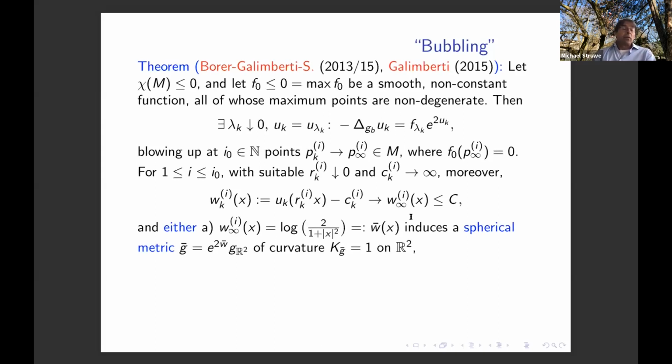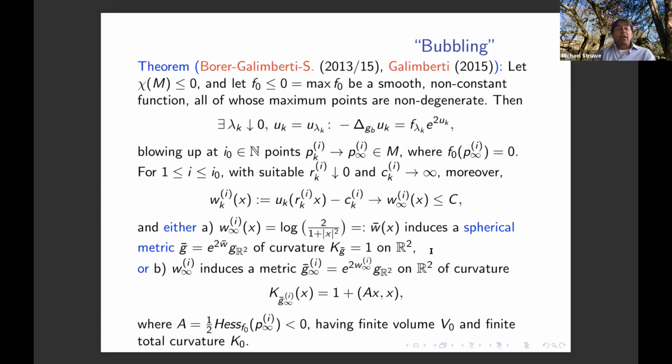either induces a spherical metric of Gauss curvature equal to 1, or in the second case, induces a metric of curvature given by the second order expansion of the given function f0 around the limit point pi infinity, which is therefore of the form K gi infinity equal 1 plus Ax comma x, where A is proportional to the Hessian of f0 at the limit point pi infinity.